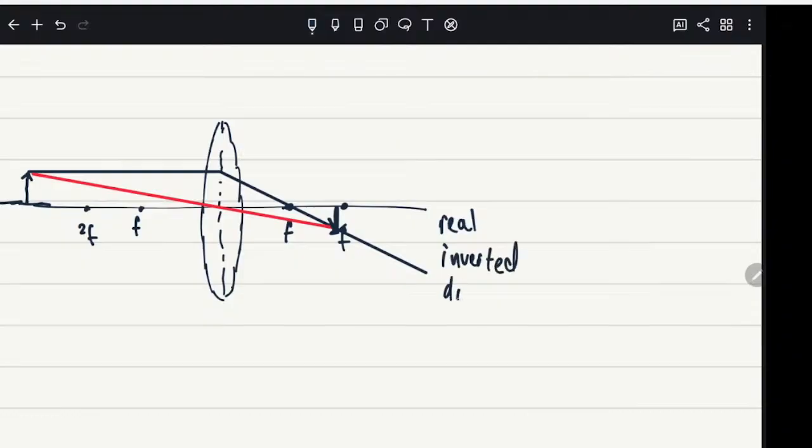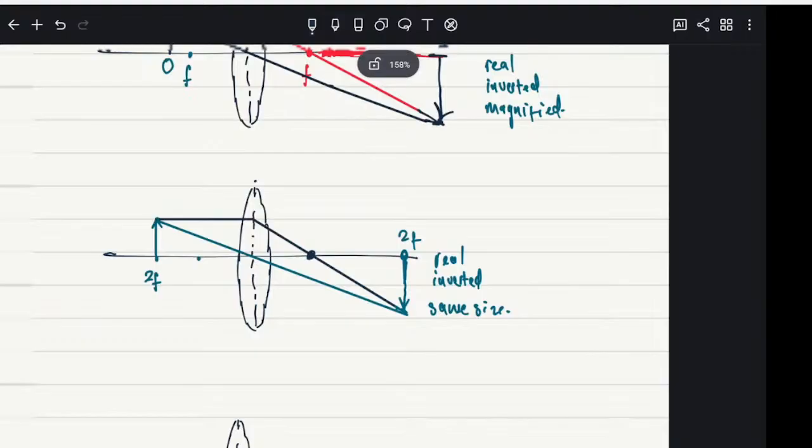So we say it is diminished because this object is just way too far. But at least, although it's way too far, at least it's real, guys. So yes, okay, you are far, but at least you're real. These are the 3 real images.